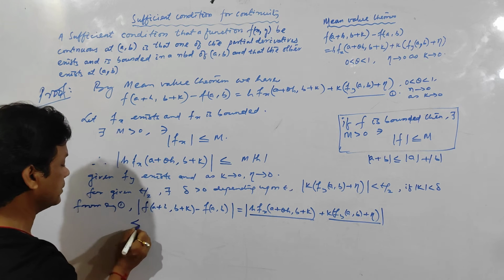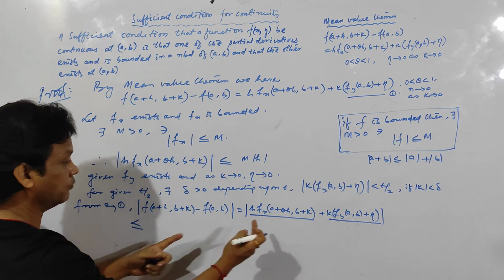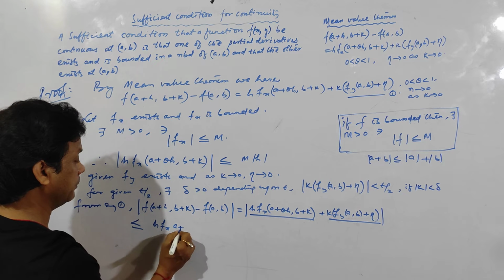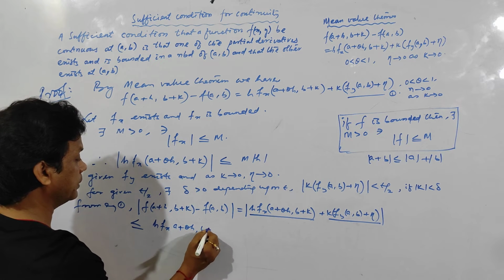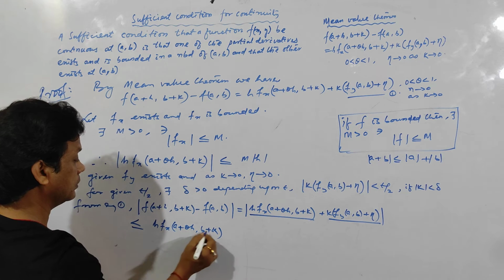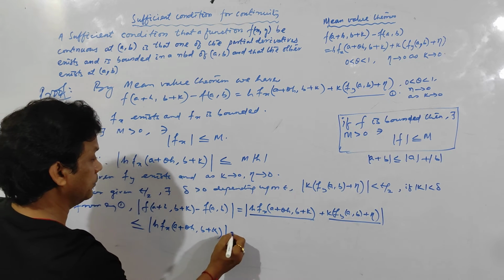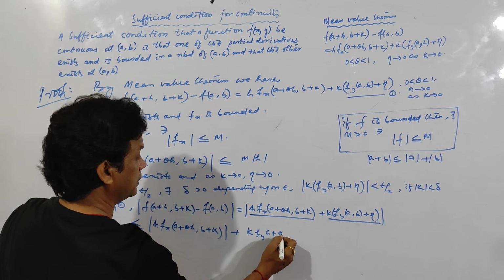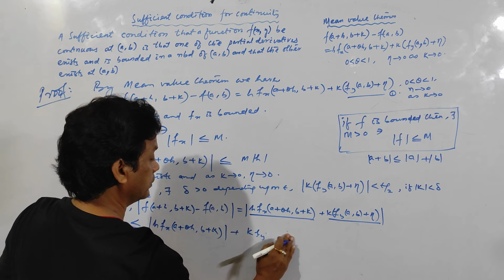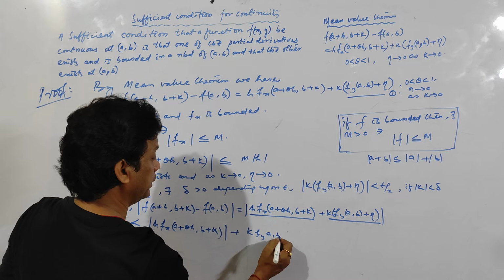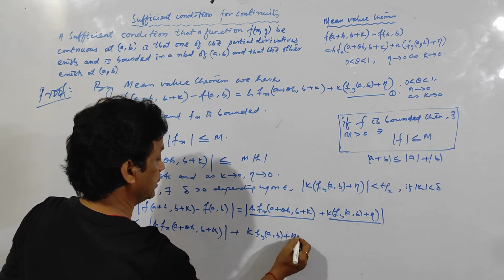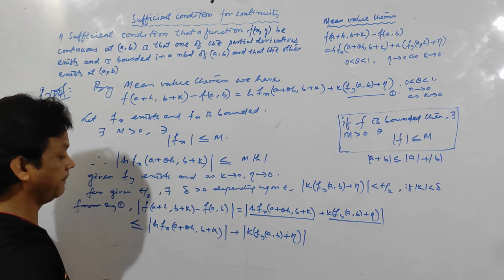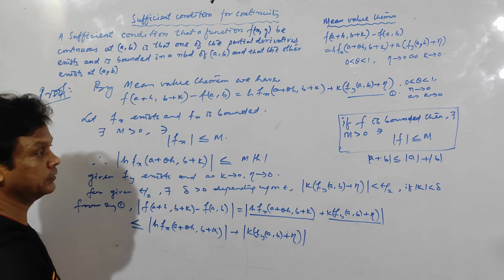is less than or equal to mod of h into fx at a plus theta h comma b plus k, plus mod of k into fy at a b plus eta. Clear?